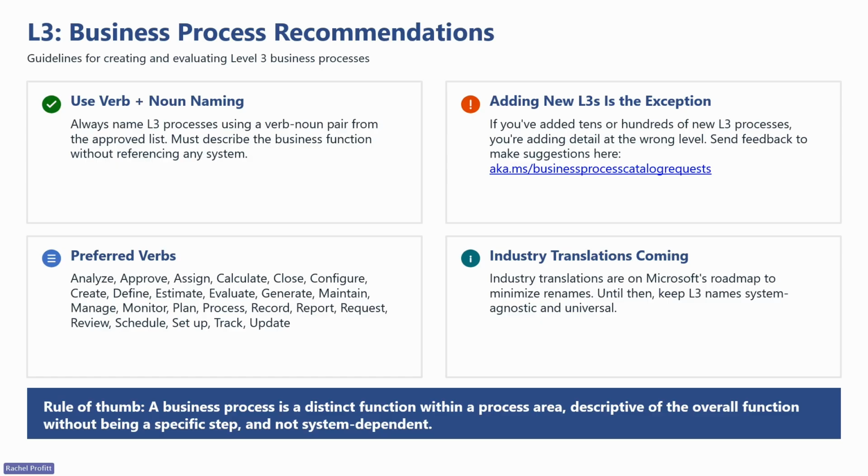Different industries naturally use different language, and today that often results in renaming. Over time, the goal for us is to move toward more consistent industry-aligned translations, and we're planning to add new features to help support this so that you're not constantly renaming or fragmenting the catalog.